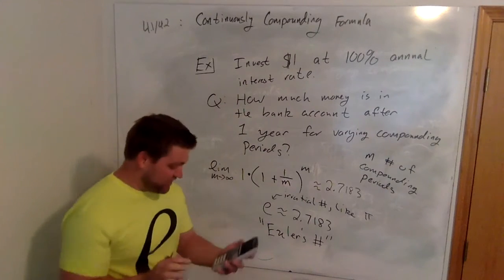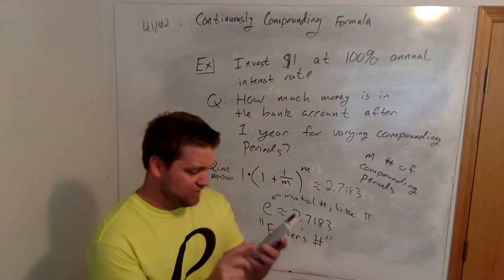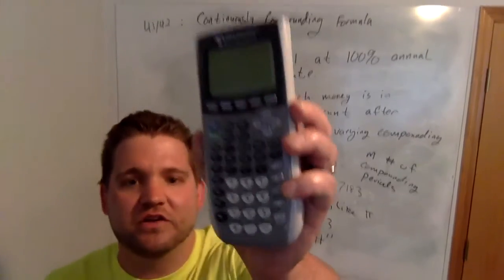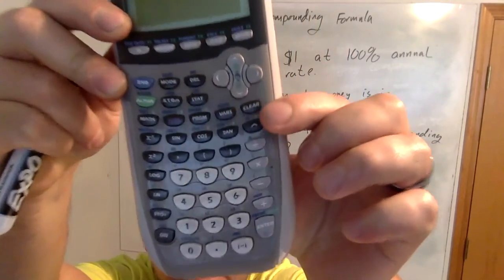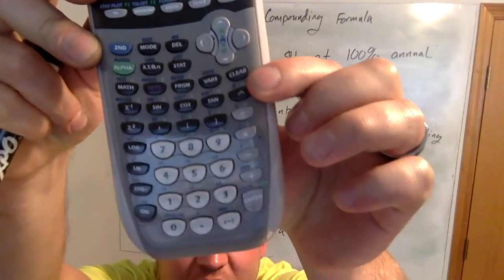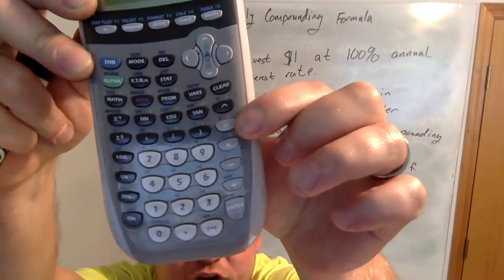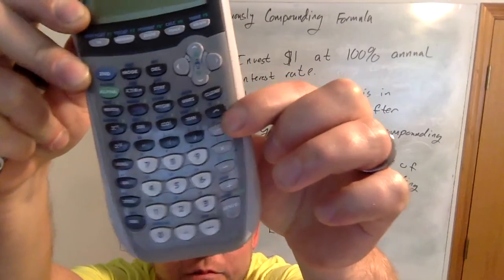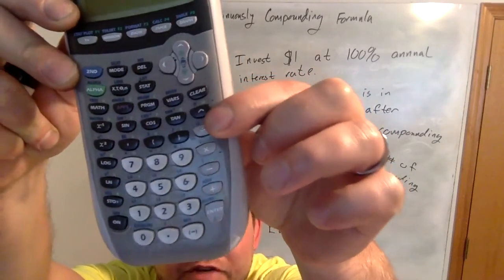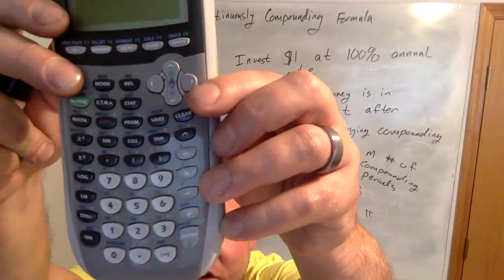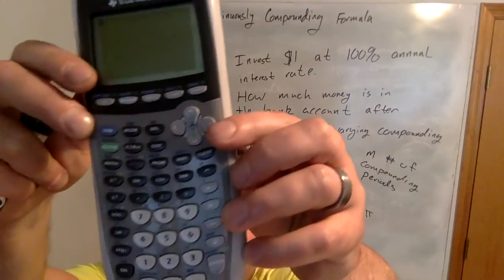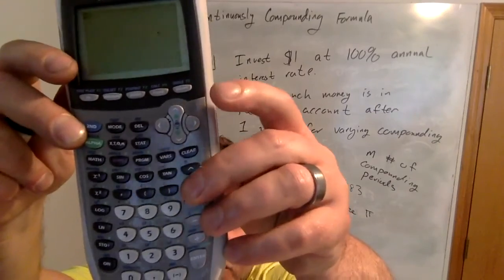It's in your calculator. If you look right above the caret, you see the famous pi number. But above the division sign, in blue, there's the famous number E. We can get to it by first pushing the second button, and then pushing the division sign.